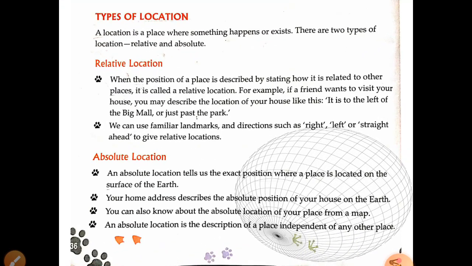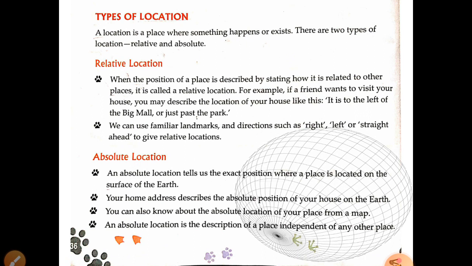So before moving on to this topic, we'll study the types of location. There are a total of two types of location. The first one is relative location and the second one is absolute location. So relative location, which means what? When the position of any place is described by relating it to other places.